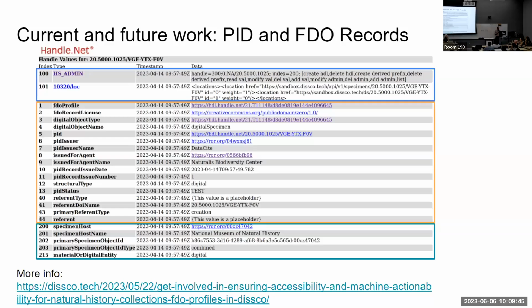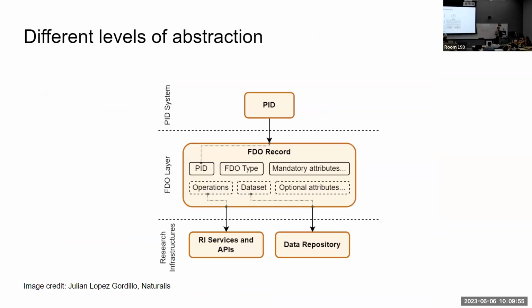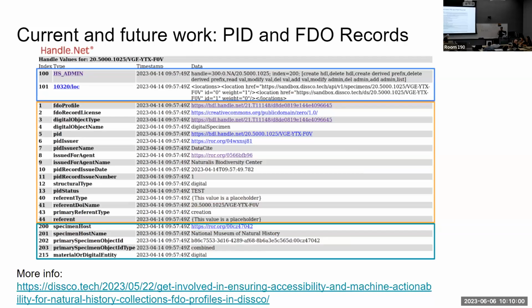And then when you look at the 200 and later, you see some of the very specific specimen related things that are there. So again, this basically sits in the second layer. When the PID is created, we attach this extra metadata. And then, if you want more, you resolve this with the handle.net or doi.org/the string, and then it takes you to the actual record, whatever that record is.